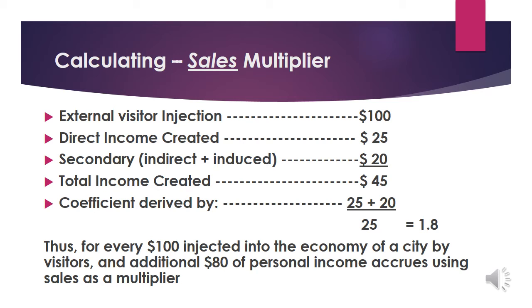We derive the coefficient by adding 25 and 20, which gives us a multiplier coefficient or a sales multiplier of 1.8. Therefore, for every $100 injected into the economy of a city by visitors, an additional $80 of personal income accrues, using sales as a multiplier. These monies can be seen in the form of employee wages and salaries and proprietary income, for example, private ownership businesses.